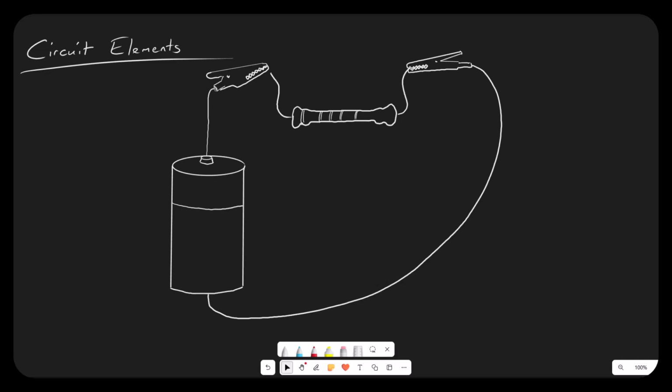I have a battery, I have a resistor, I have some wire, more wire, and some alligator clips. Actually, funny thing, depending on which country you are in, these are called alligator clips or crocodile clips.